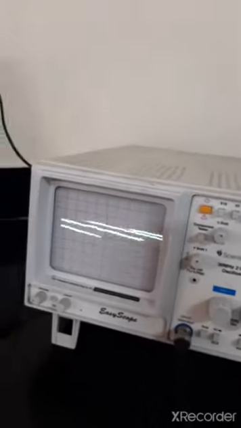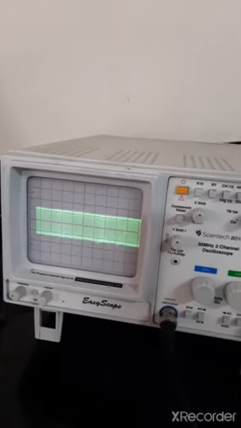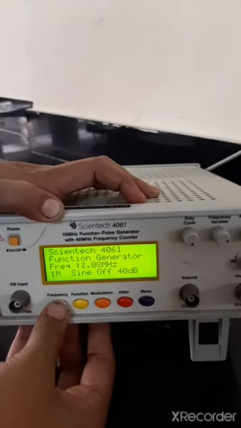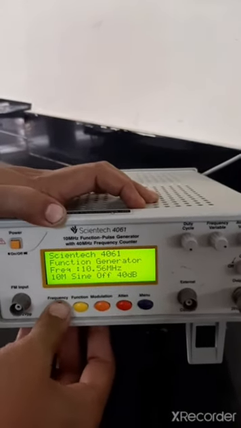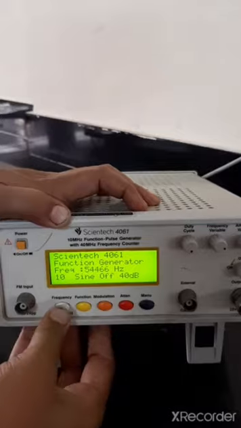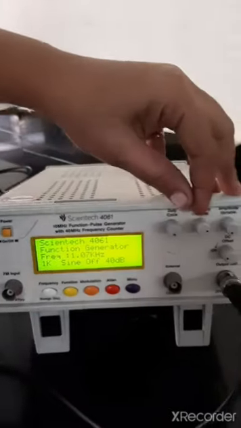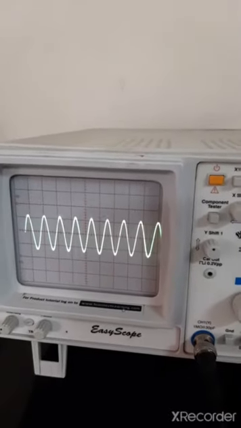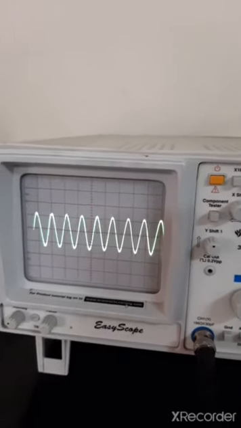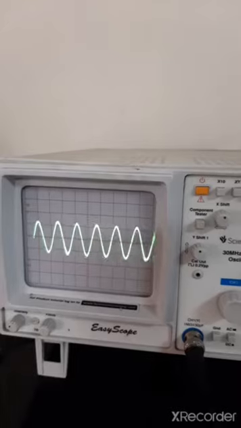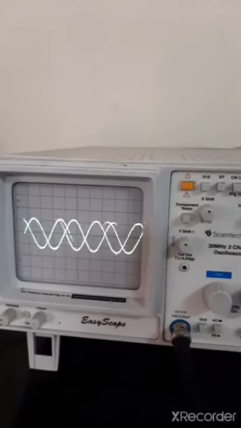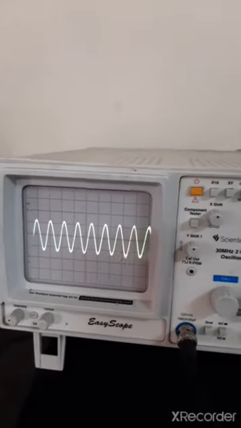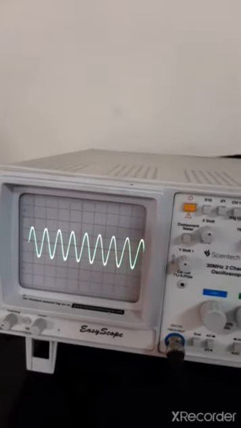Now I said 1K. See there, at 1K, after the 1K, if I increase the frequency, you get a constant output voltage. There is no change in the amplitude.